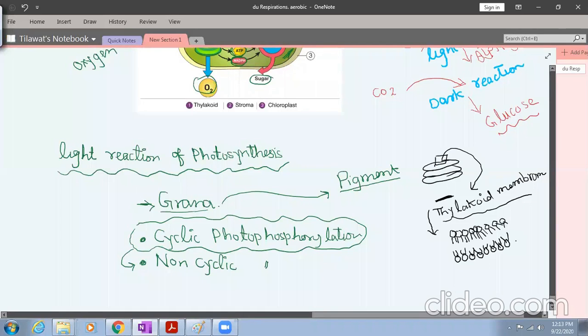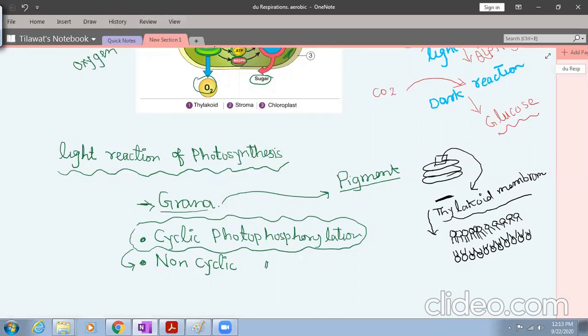Now, this thylakoid membrane contains pigments for absorption or trapping of light. That pigment is present in the form of clusters.